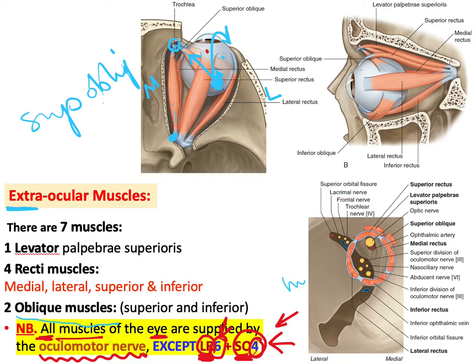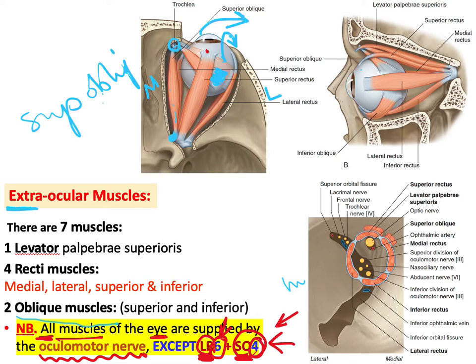And look again at its insertion, in the back, in the posterior half of the sclera. So once contracted, it will not just depress the eyeball inferiorly, but it will also rotate it laterally.